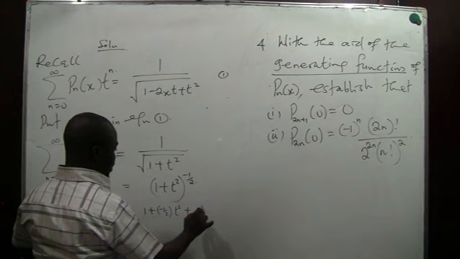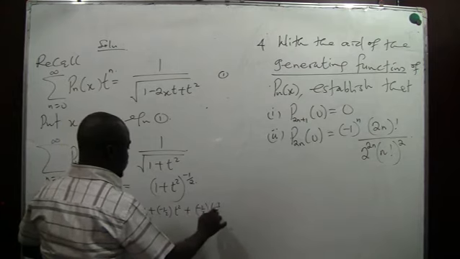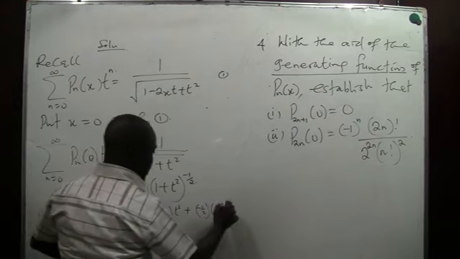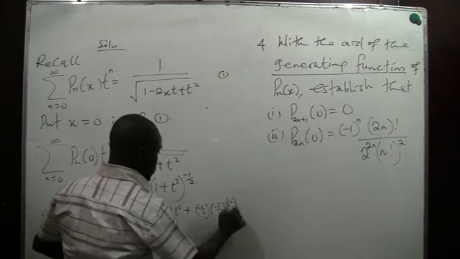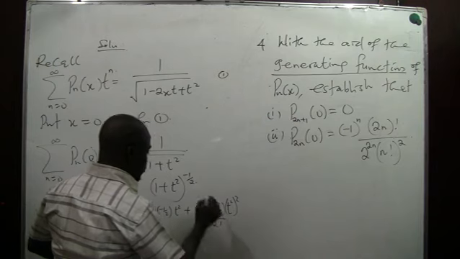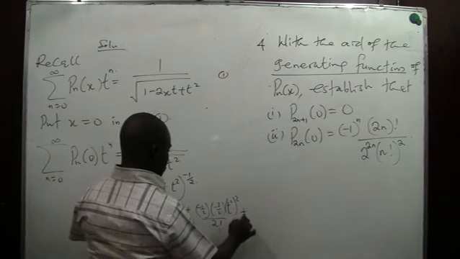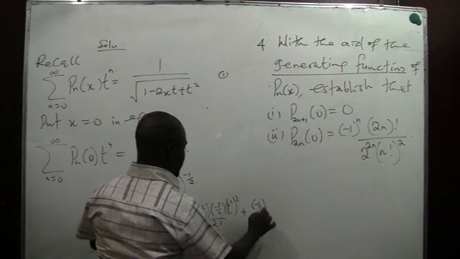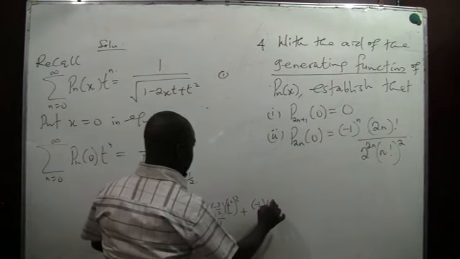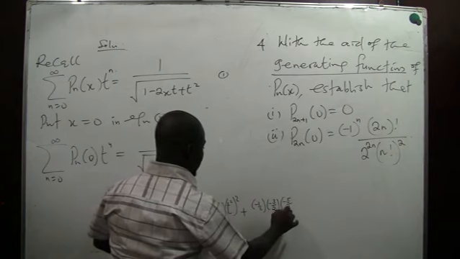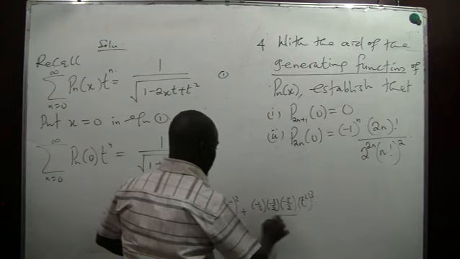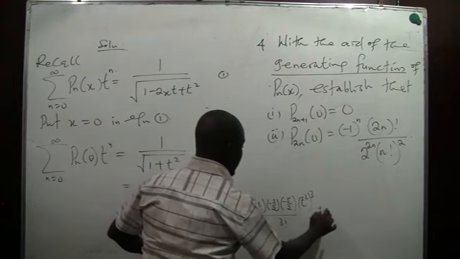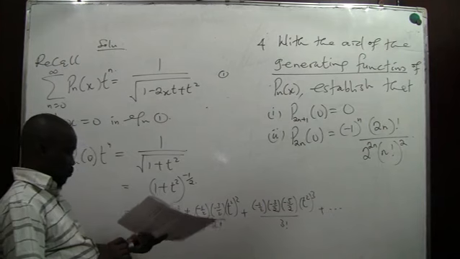plus minus half times minus 3 over 2, t squared squared divided by 2 factorial, plus minus half, minus 3 over 2, minus 5 over 2, t squared raised to the power 3 divided by 3 factorial, plus it continues.